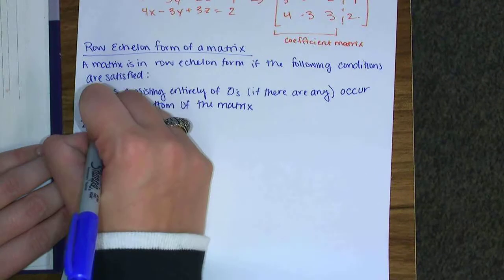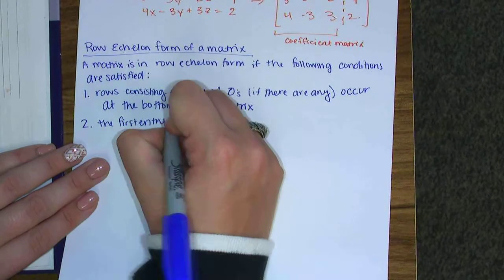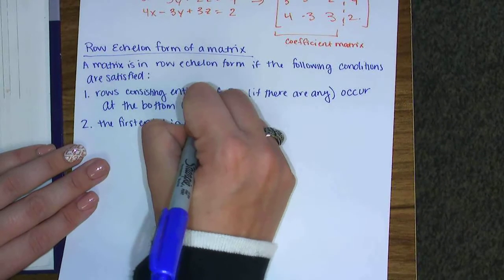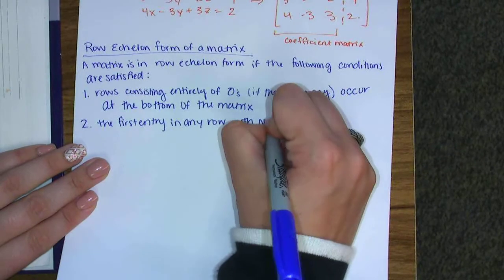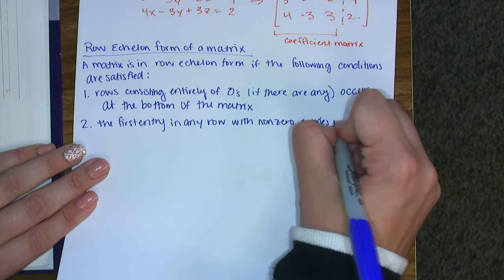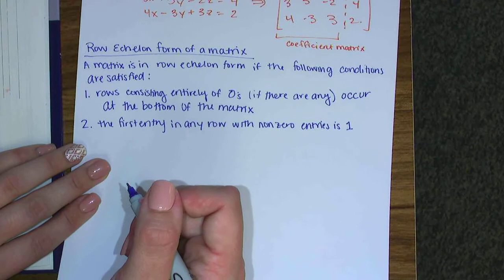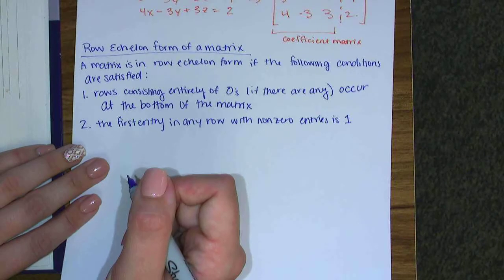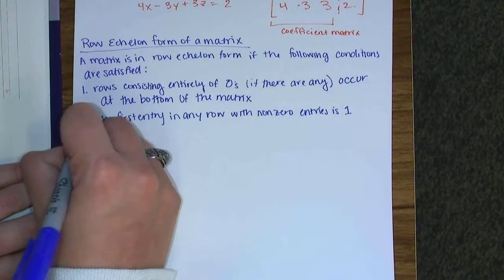Two, the first entry in any row with non-zero entries is 1. This will make more sense once we actually do these on our calculator and you see what I'm talking about.